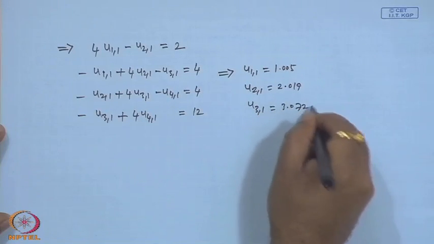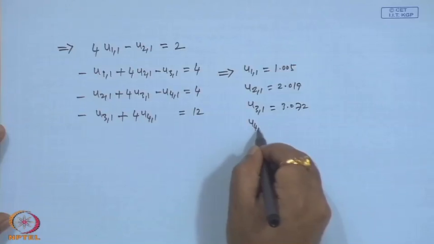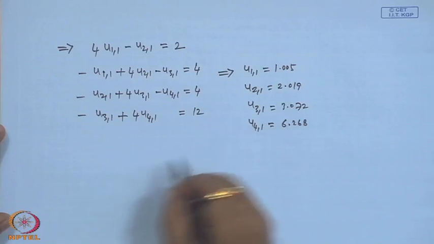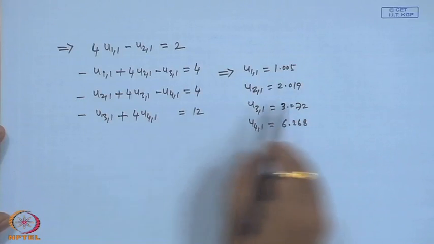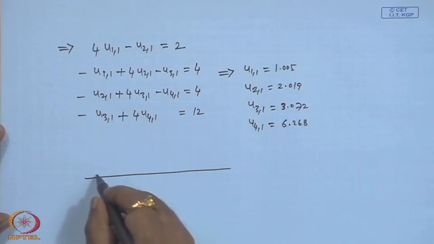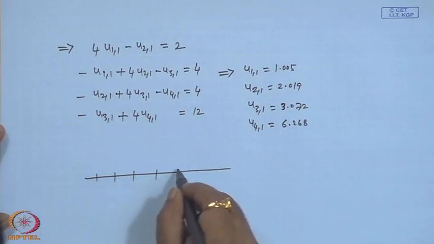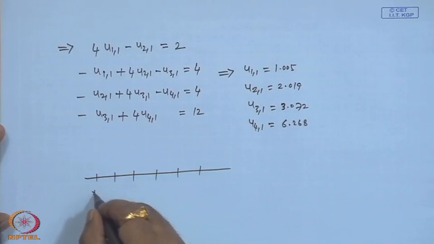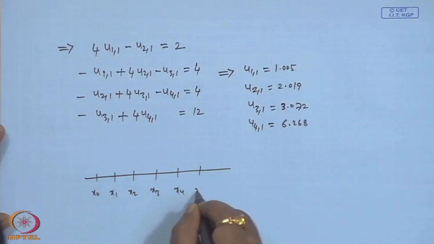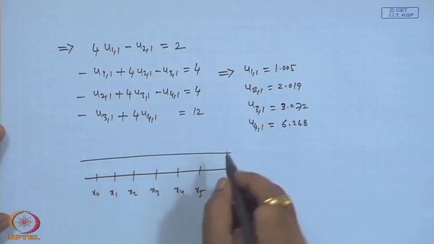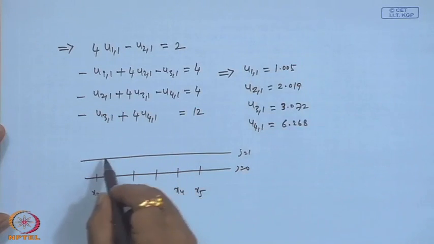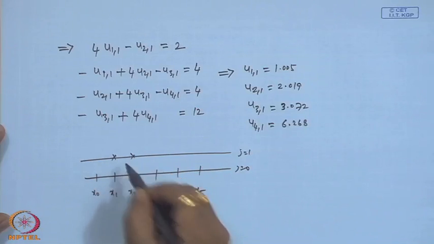So, I have pre-calculated values, so I am not showing the working. Okay. So, you can compute. If you would like to obtain the values at a higher time level, so for example, whatever values we have obtained correspond to j equals to 1.